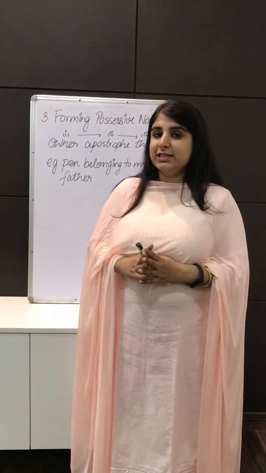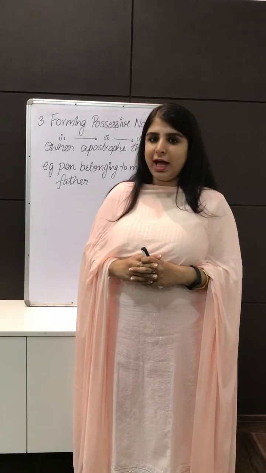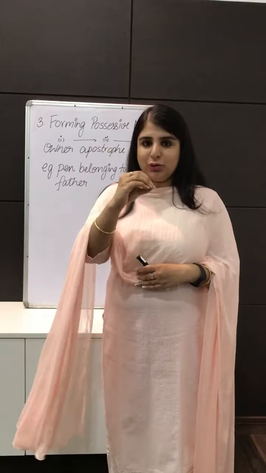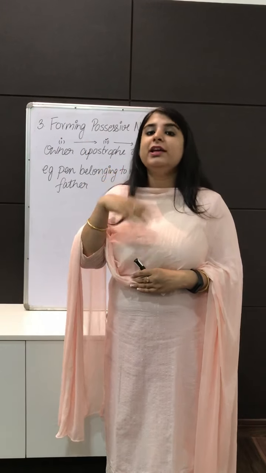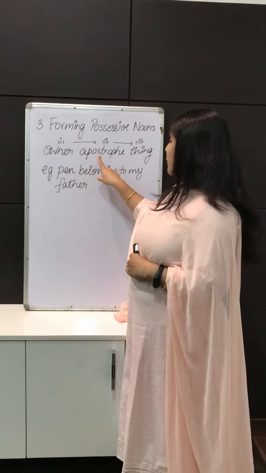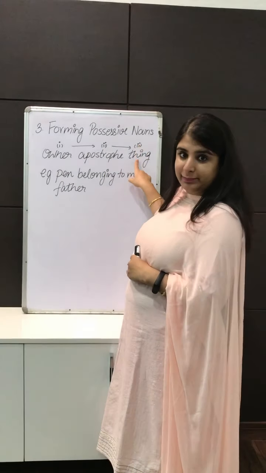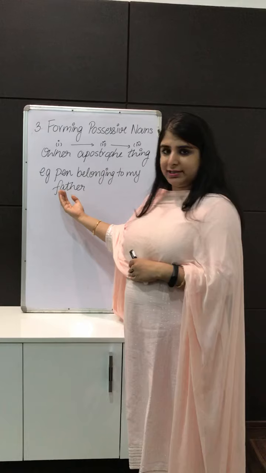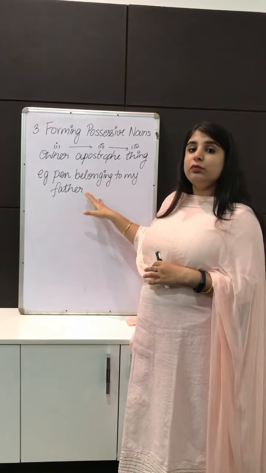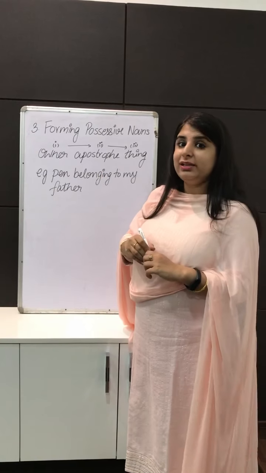Now let us learn how to form possessive nouns. So for this you need to remember one thing. Owner, apostrophe and thing. What do you need to remember? Owner, apostrophe and thing. So for example, a phrase is given to you. Pen belonging to my father. So first step would be to locate the owner.